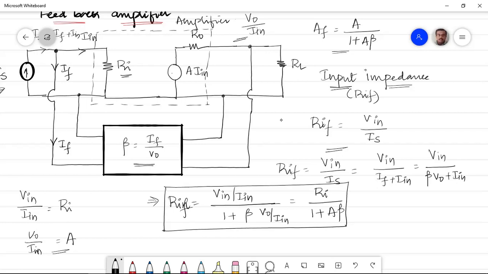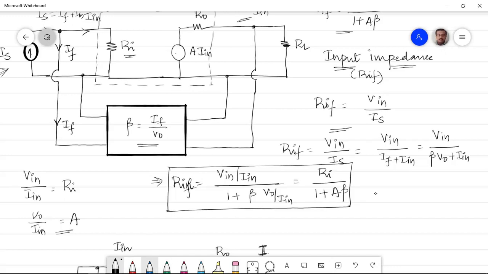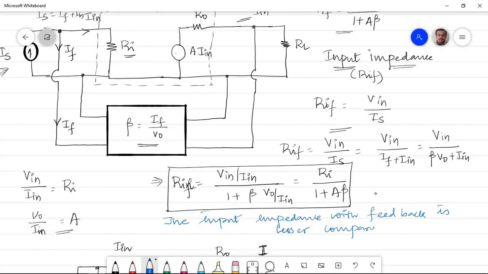What is the conclusion you draw? Let me conclude it. The input impedance with feedback is lesser compared to without feedback.